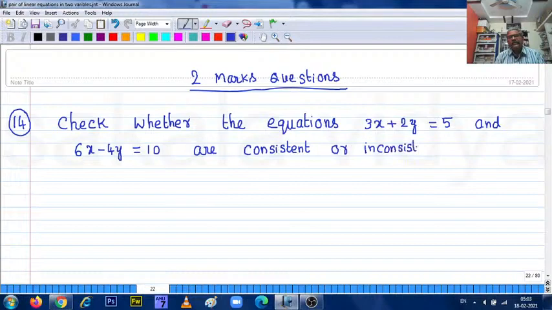Whether it is consistent or inconsistent, the test is the same.